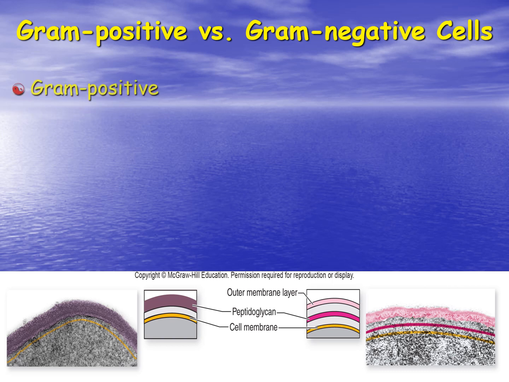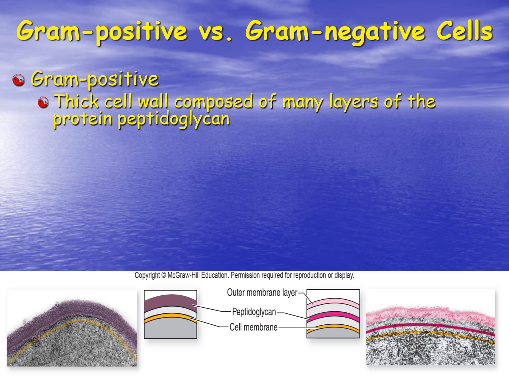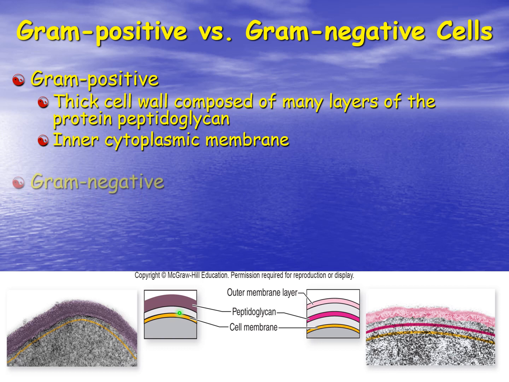So let's look at the differences. Gram-positives have a thick multi-layer wall composed of many, many layers of this protein called peptidoglycan. It will have the inner cytoplasmic membrane, or the cell membrane, in the cell envelope. But the main difference is we have a very, very thick wall of peptidoglycan.